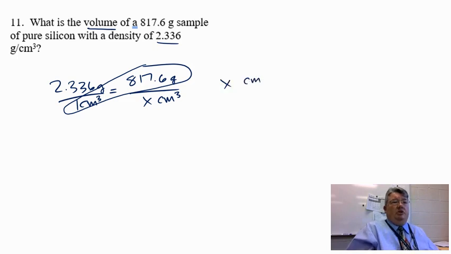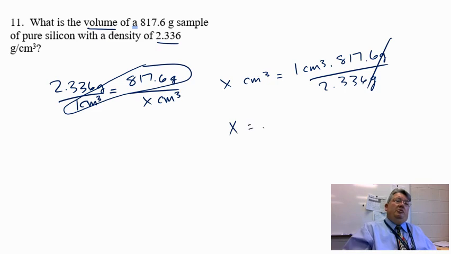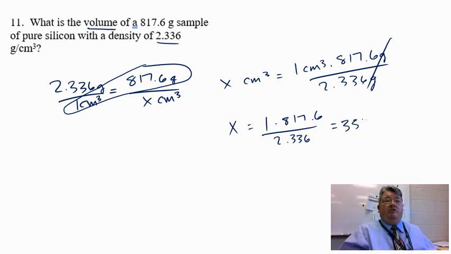X, and it's going to be in cubic centimeters, is going to be 1 cubic centimeter times 817.6 grams divided by 2.336 grams. See, grams cancel the grams, and I just have X equals 1 times 817.6, all divided by the 2.336, which is going to give me, I typed that in my calculator, 350, and my units there in cubic centimeters.